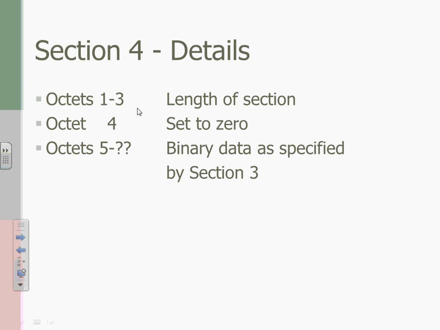As always, the section starts with the length of the section, octet 4 is set to 0, and octet 5 and after is binary data as specified by section 3. So once you know the template, you start reading real data from octet 5 of section 4. This is the real data part.